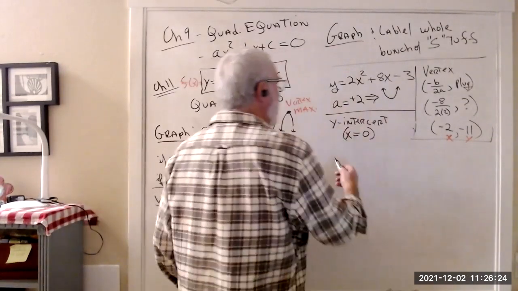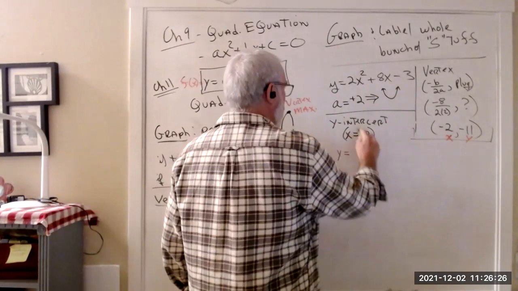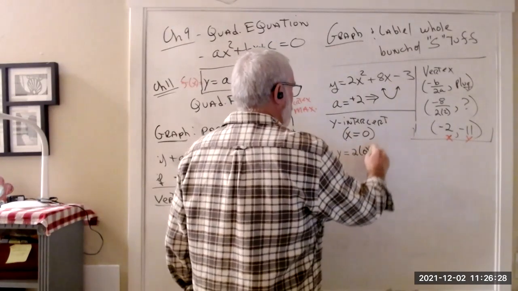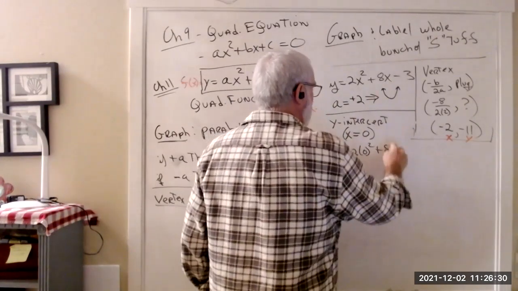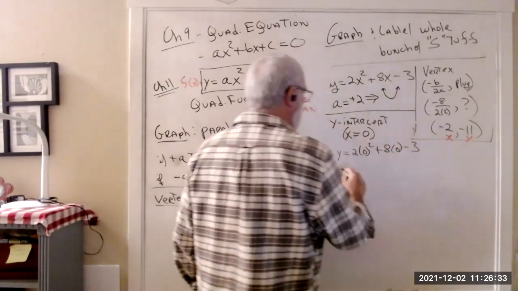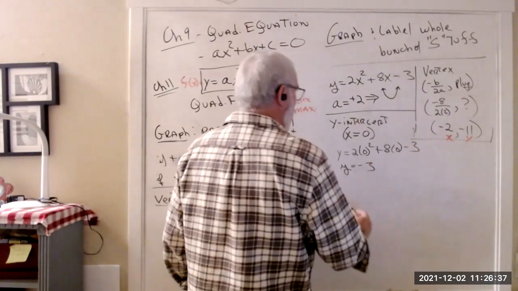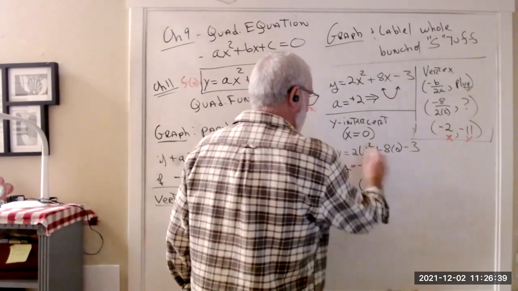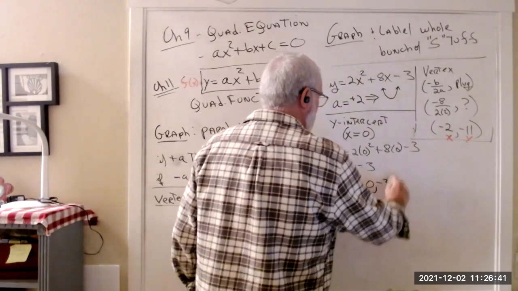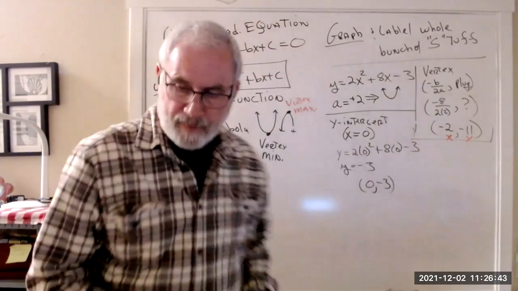So you plug that in, and you get y equals 2 times 0 squared plus 8 times 0 minus 3. You get y equals -3. So our y-intercept is when x was 0, y is -3.